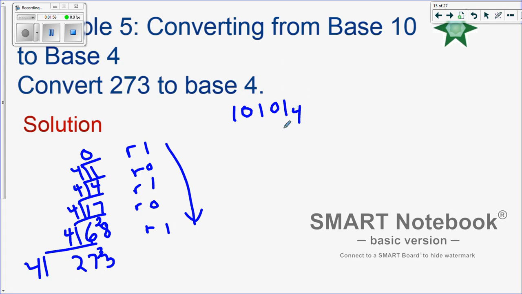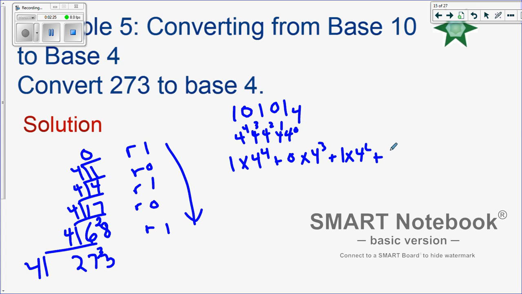So now let me check it with what we did on the first half of the chapter to see that I did it correctly. So this would be the 4 to the 0, this is the 4 to the 1, this is the 4 to the second, this is 4 to the third, this is 4 to the fourth. So if I was given that number, base 4, I would have gone, okay, 1 times 4 to the fourth, plus 0 times 4 to the third, plus 1 times 4 to the second, plus 0 times 4 to the first, plus 1 times 4 to the 0.